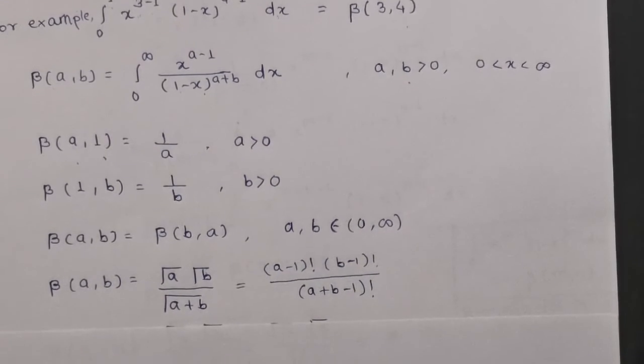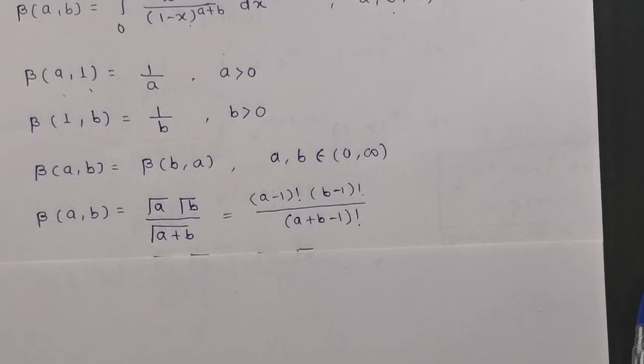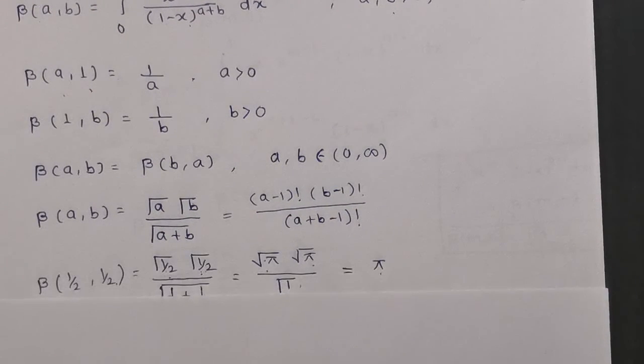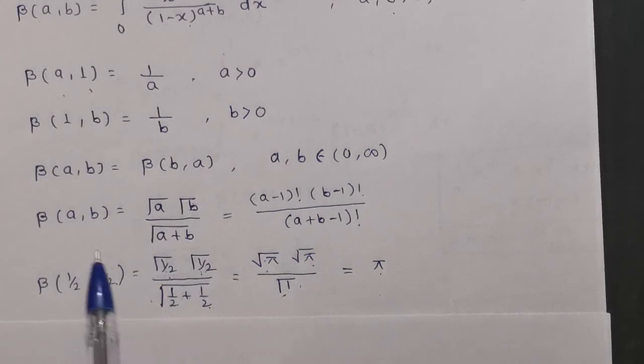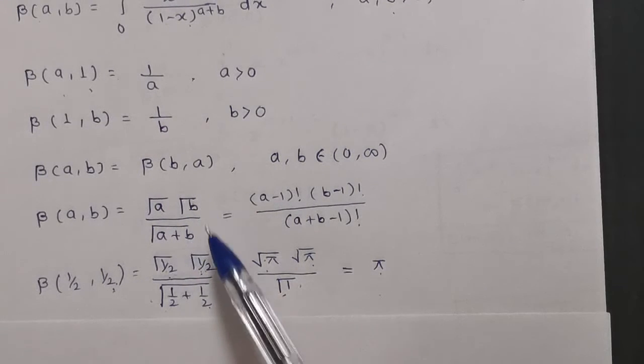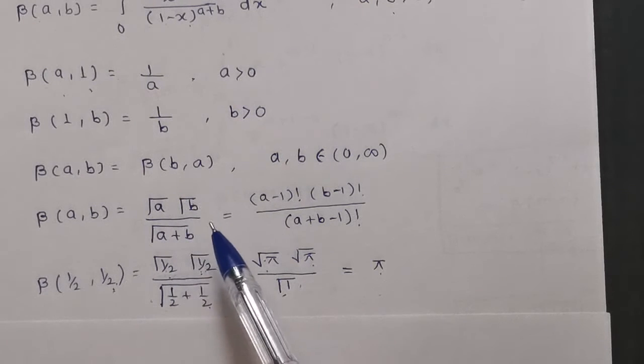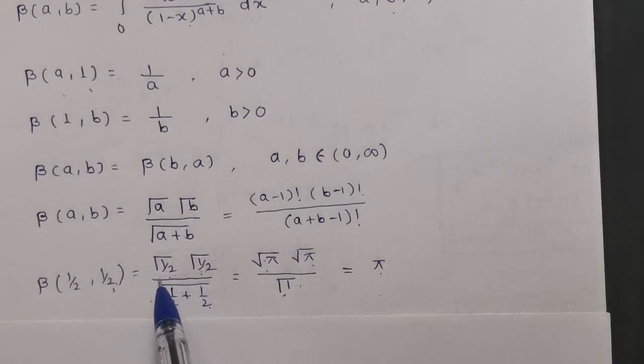Particularly, if I put a equal to 1 by 2 and b equal to 1 by 2, we get beta(1/2,1/2) equal to gamma 1 by 2 into gamma 1 by 2 divided by gamma of 1 by 2 plus 1 by 2. I have just replaced a by 1 by 2 and b by 1 by 2. We know that gamma 1 by 2 is square root of pi, and the denominator is gamma 1.